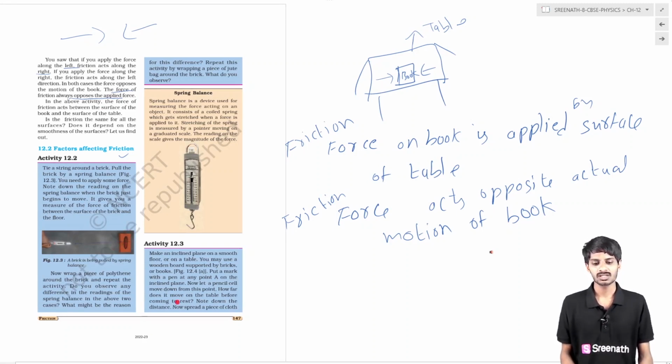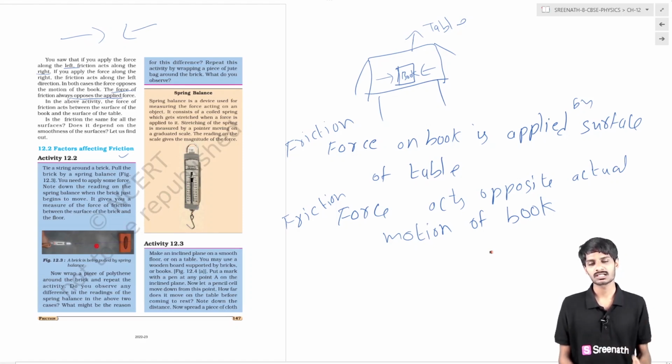Okay, next what you have to do now is wrap a piece of polythene around the brick and repeat the activity. You have to pull the brick again, and in this case also you have to measure the force using the spring balance.